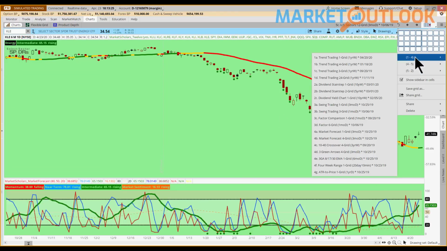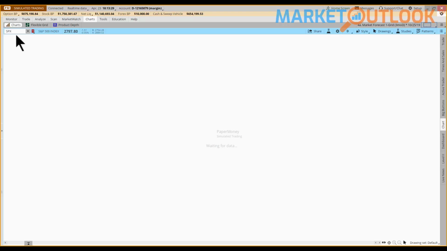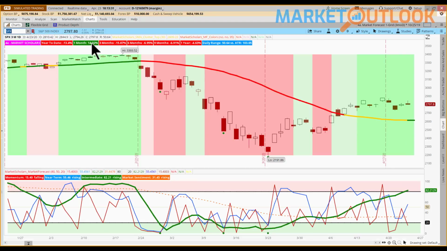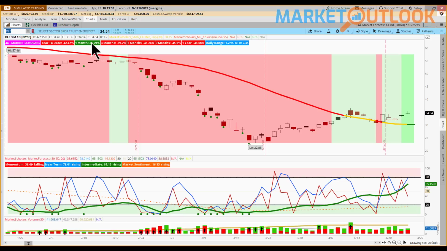In fact, let me come over here to chart 4A. And we'll have this conversation because I did want to point out some charts that I've been noticing here. So XLE is going to be your ETF that tracks the energy sector. So these are going to be weighted towards the bigger companies like Chevron and Exxon, but you can see some positive development here.